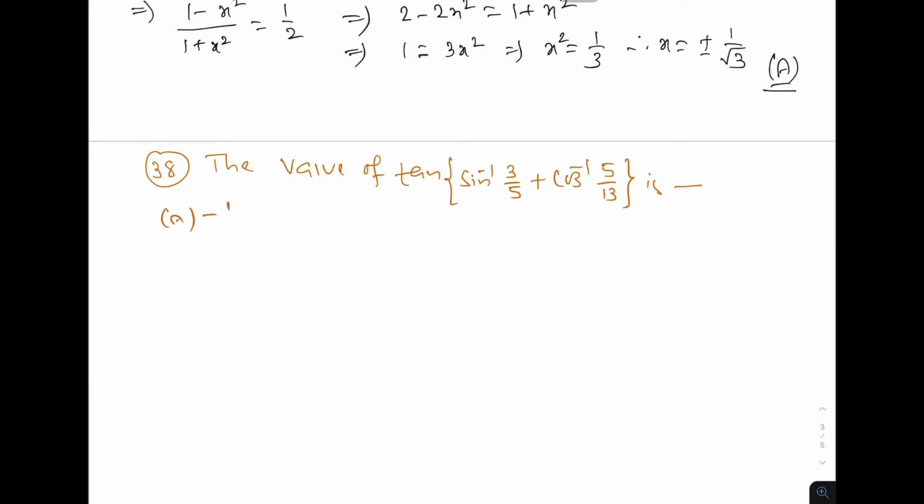Options are minus 24 by 5, minus 22 by 15, minus 63 by 16, and minus 47 by 12.